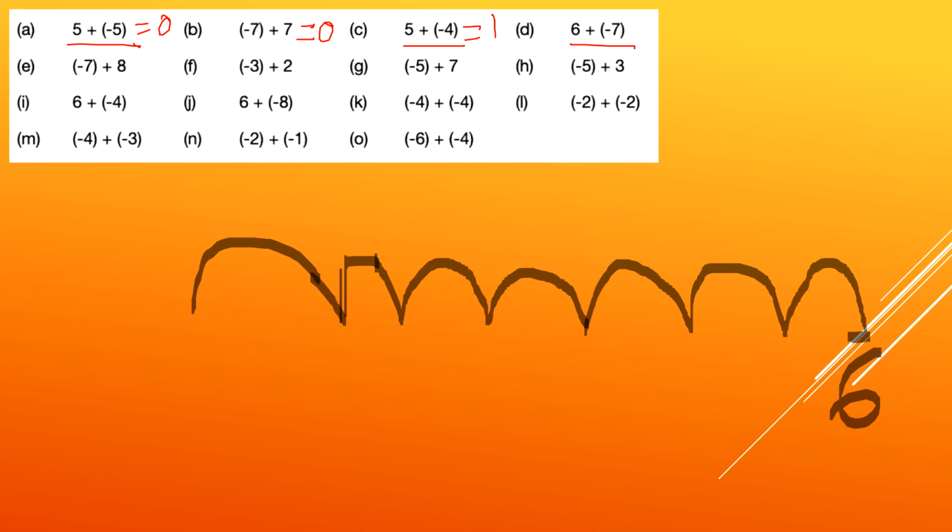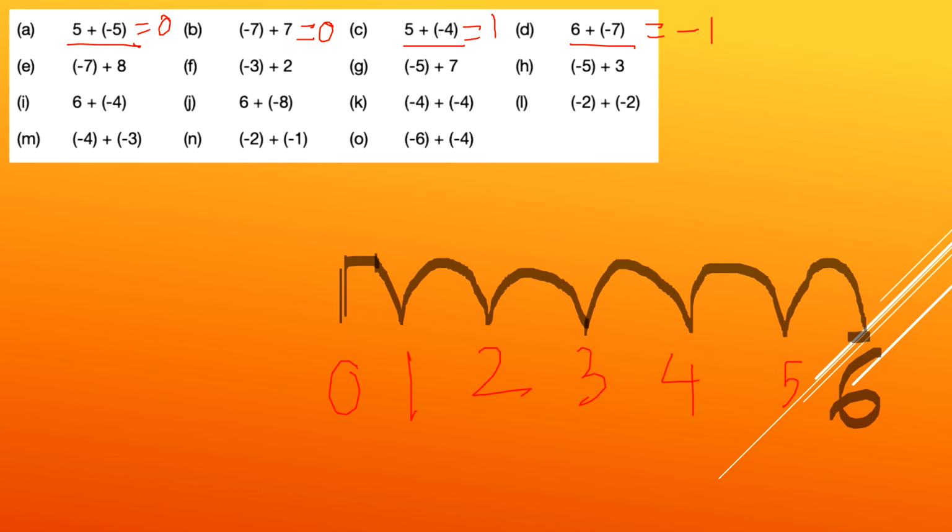We can put the numbers now. This is 5, 4, 3, 2, 1, 0, and minus 1. So the answer will be minus 1.